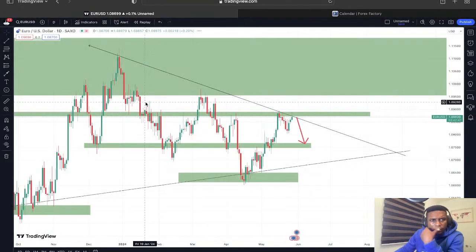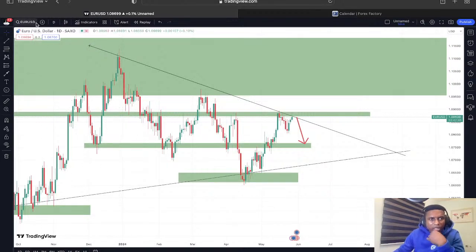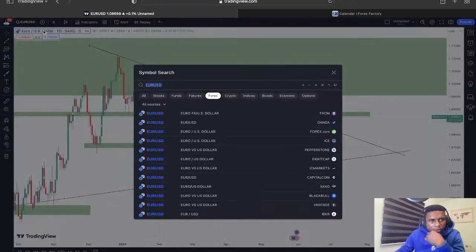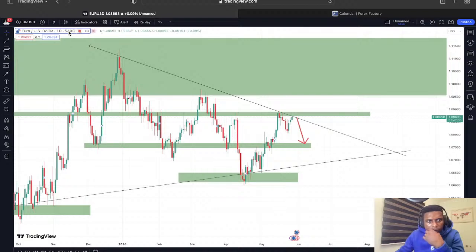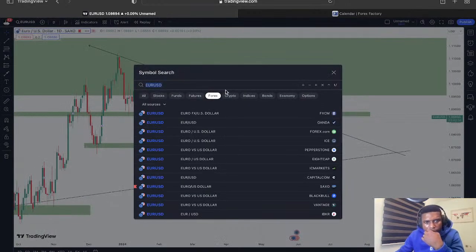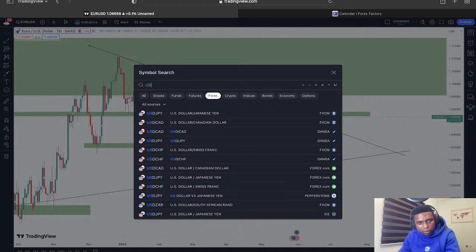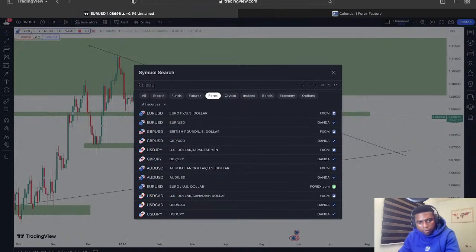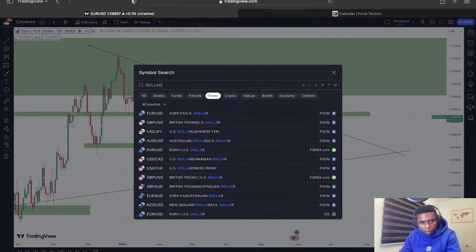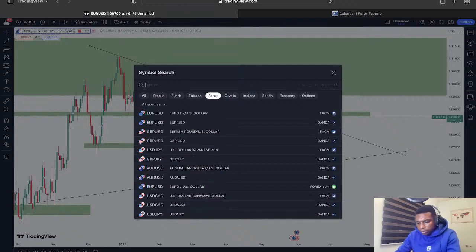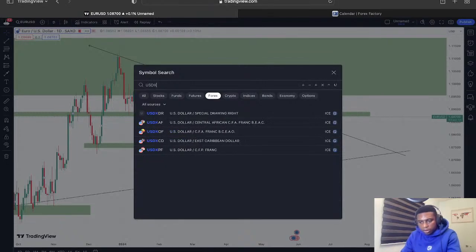Okay, I want to get the dollar index out. Okay, let me figure out USD.